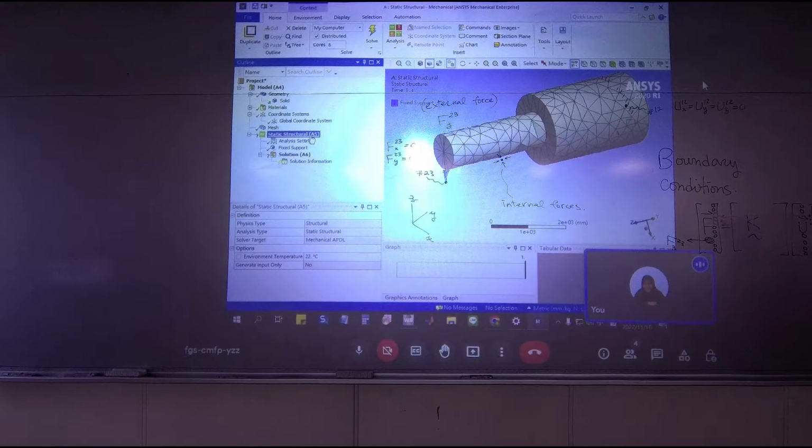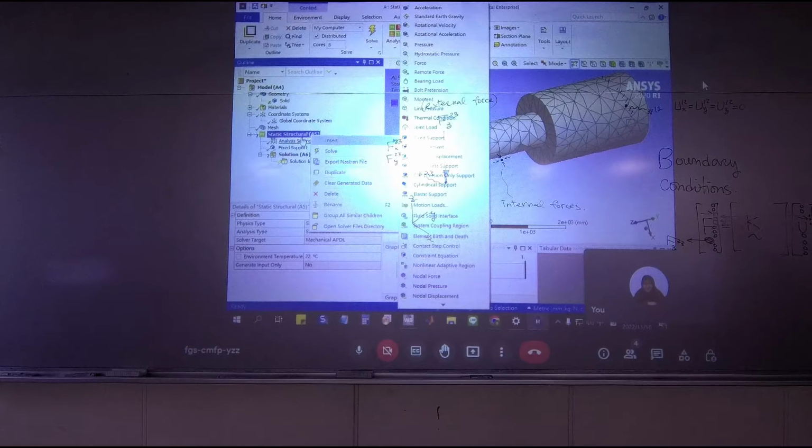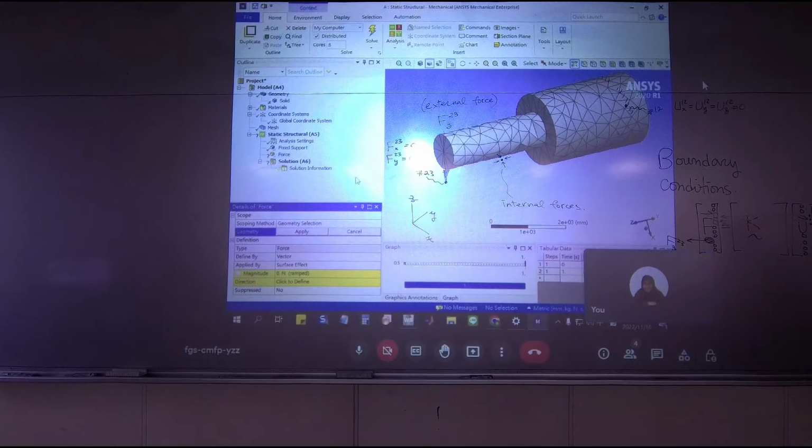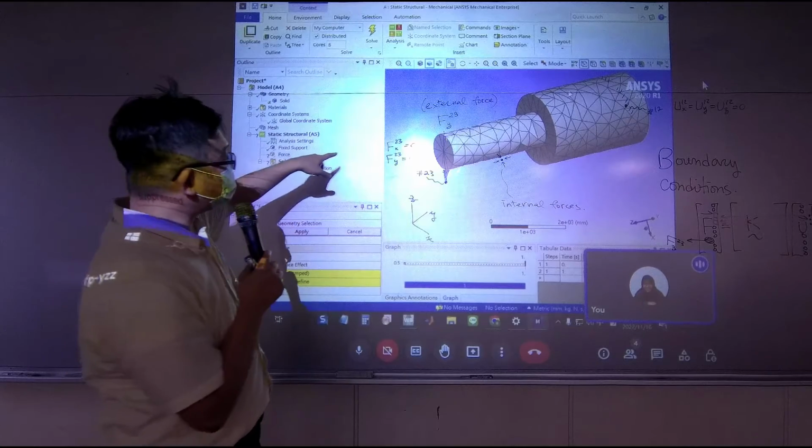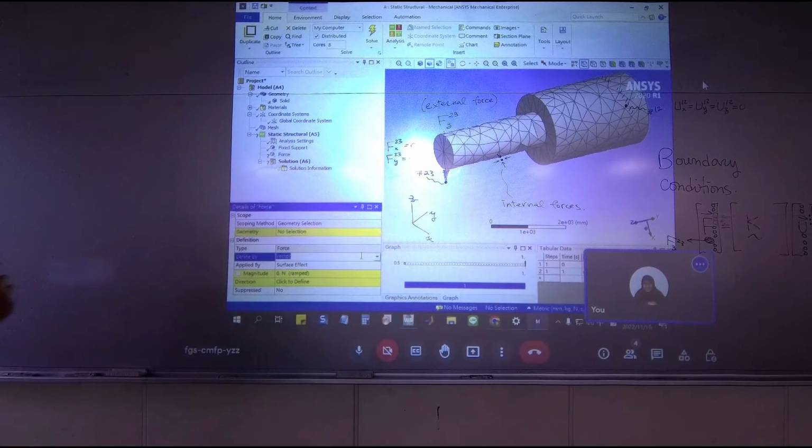But how do you do it? Here I have the force. Okay. We can choose it. But this one applies a force on the surface, right? Maybe. I think I can choose in the surface only. So, can you choose a point? Oh, component. Okay, try.